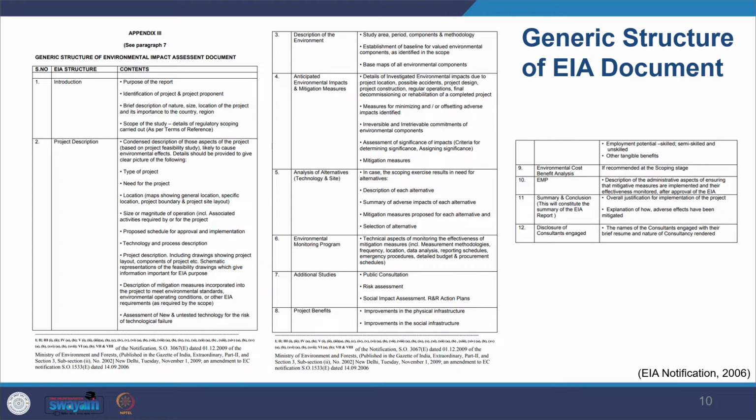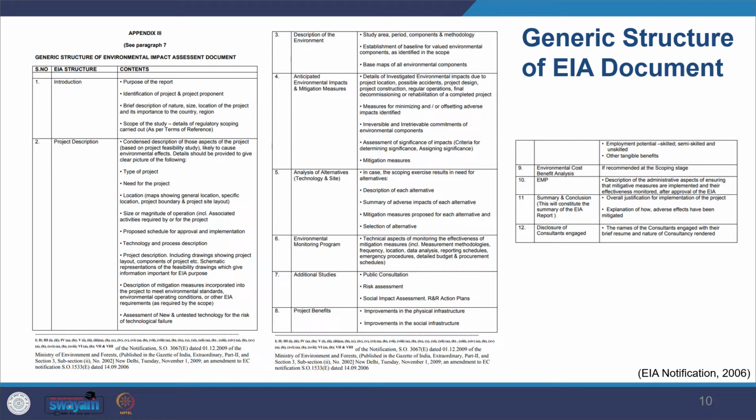So you tell its significance, why this particular project has to be done because it's needed and important. And then the scope of the study, what the EIA would be covering here, and details of the regulatory scoping carried out as per the terms of reference, so what guideline you were supposed to cover within the EIA report, and how you have covered that.